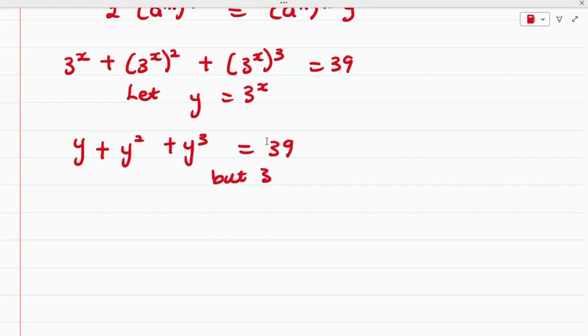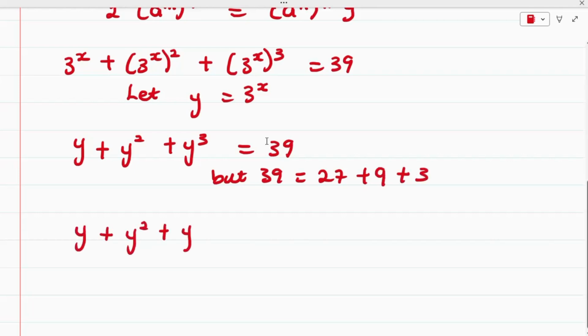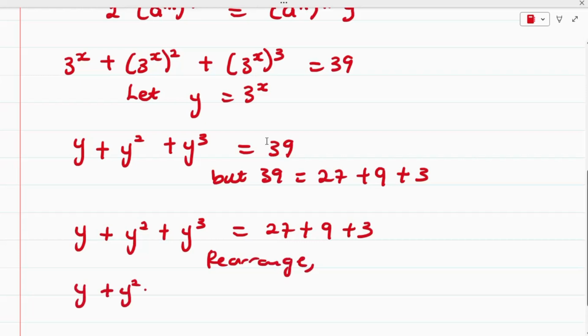But 39 can be expressed as 27 plus 9 plus 3. So we have y plus y squared plus y cubed equal to 27 plus 9 plus 3. Rearrange and set the equation to 0. We have y plus y squared plus y cubed minus (27 plus 9 plus 3), and this is equal to 0.